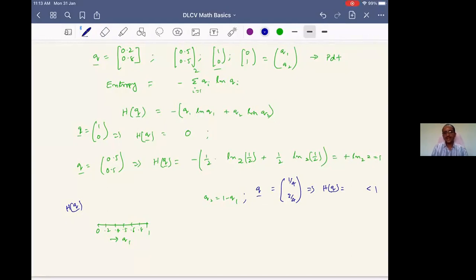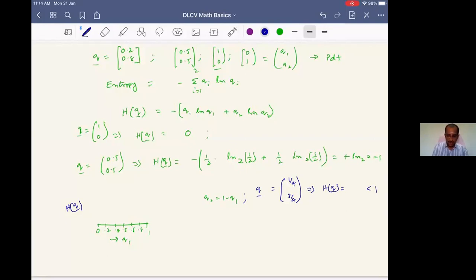When the uncertainty is maximum, you can easily understand that the information is high when the uncertainty is high. As I mentioned, that means the aspect to know is high. That's the information.